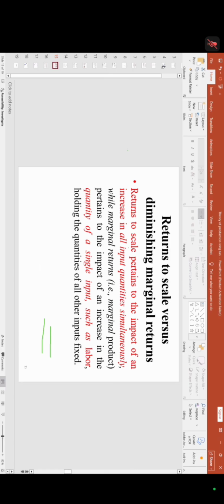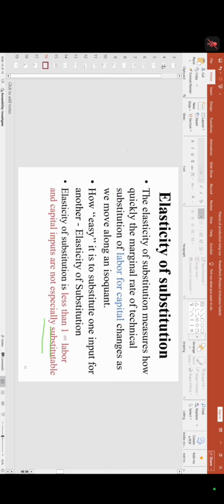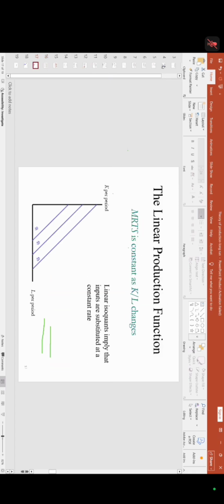Then we learned about elasticity, and there you learned that if the elasticity of substitution is less than 1, the inputs are not easily substitutable. If it is greater than 1, of course substitutable inputs are there. For example, robots and humans can be taken as substitutable if it is greater than 1. And there is a linear production scenario we discussed.